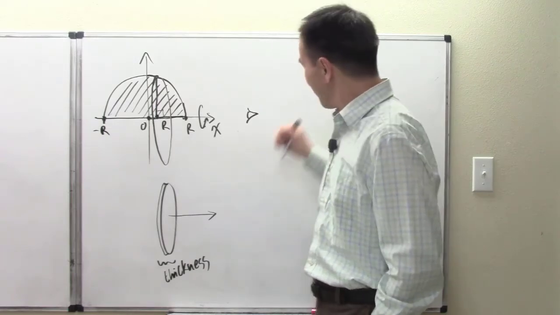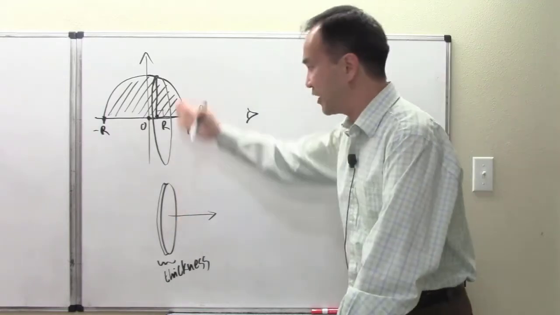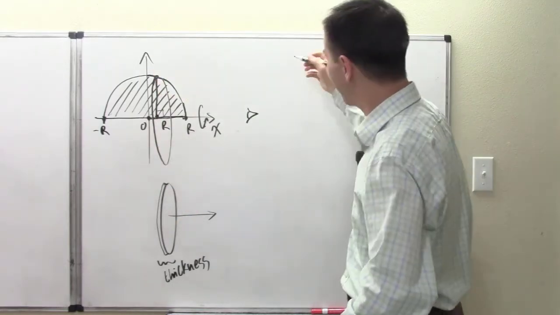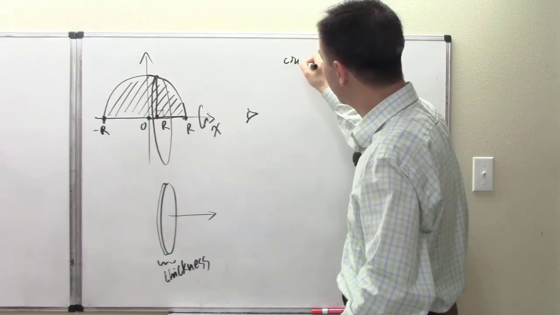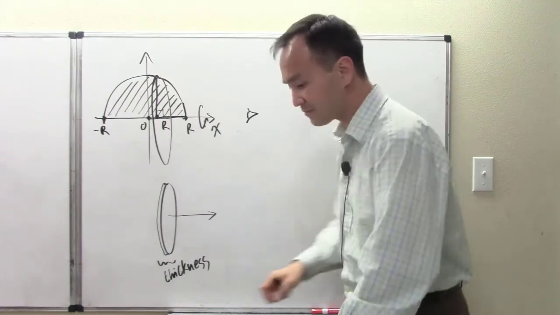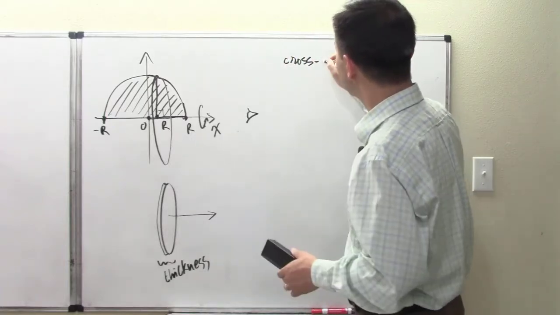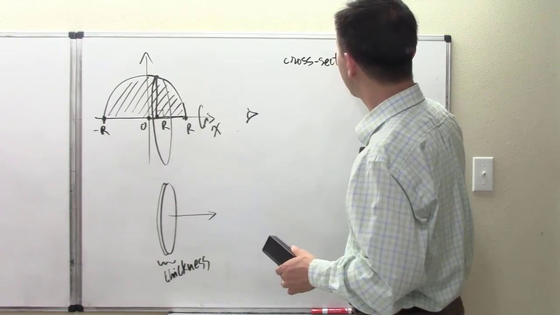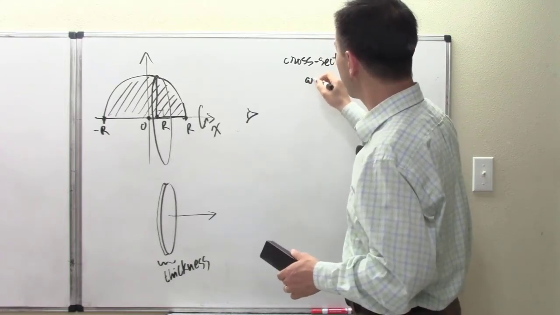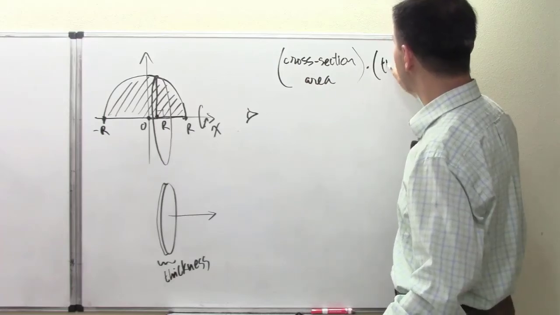The ultimate thing we need now is, first of all, for any disk, regarded as a cross section, we simply need to find the cross section area, and then we multiply the cross section area with the thickness.